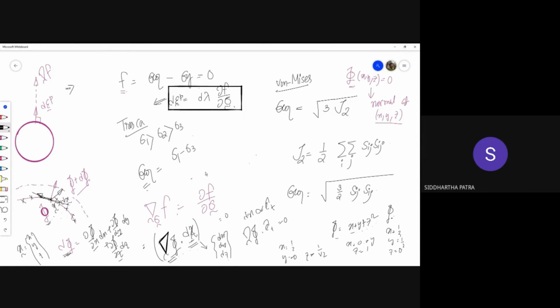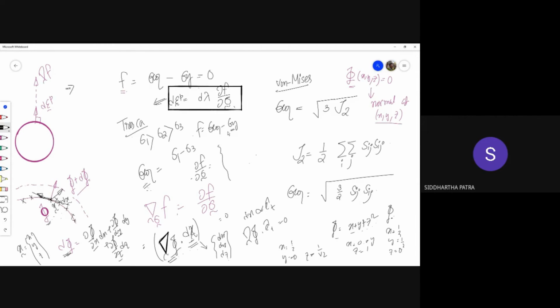Now let's say I take the derivative of the Tresca criteria in principal directions. So f, as you know, is sigma equivalent minus sigma y. Now how much is del f del sigma in principal coordinates? You see sigma y is a material property, so you don't get to take the derivative of that.